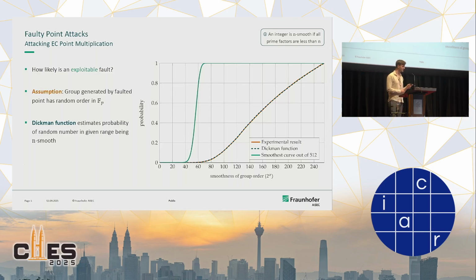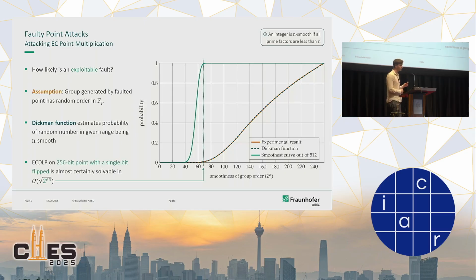What this orange line shows is some experiments where we just generated random curves and looked at the order of these curves and then factorized them to find the smoothness. And we can see that this smoothness of these random curves closely aligns with the Dickman function, which is a function that can be used to estimate the probability of some random number in a given range being n smooth.